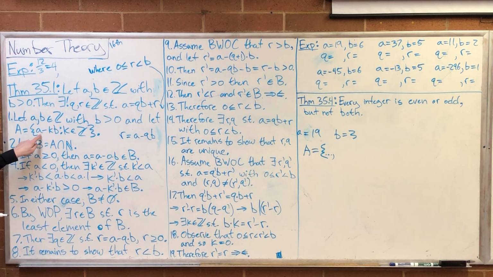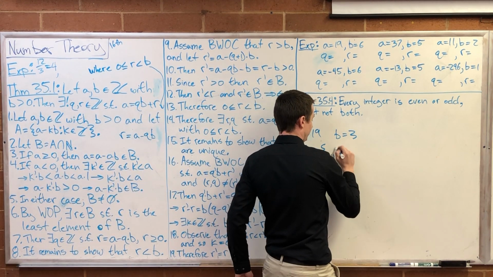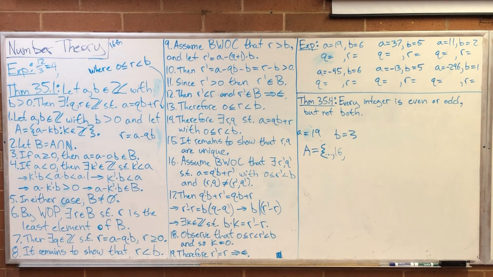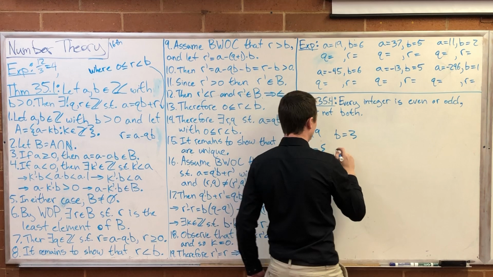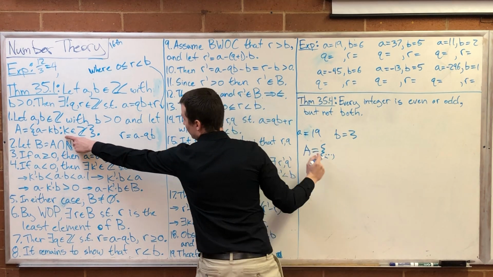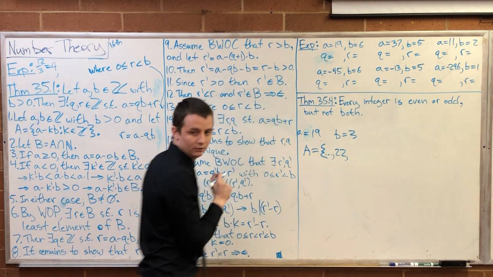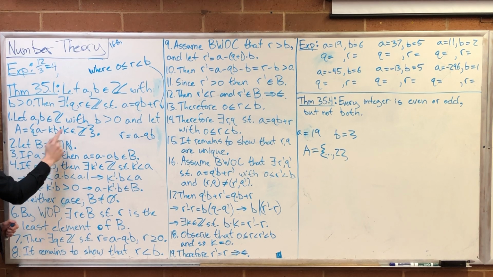When we plug in 1 for k, so 19 minus 1 times 3, what do I get? 16. Maybe I'll start with 19 here. So this would have been counting down. Maybe we'll start with 22. Plug in negative 1 for k, what do I get? 22. You follow me there? 19 minus negative 1 threes is 22.